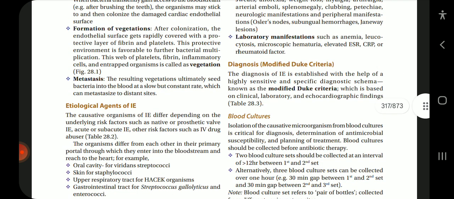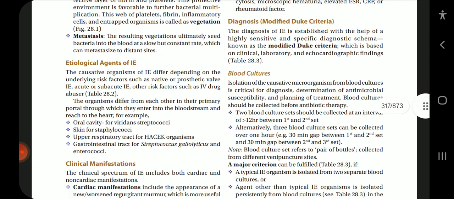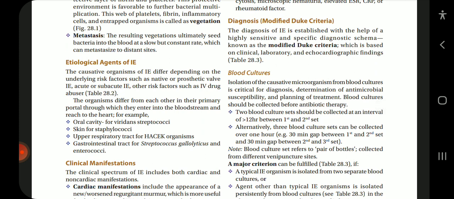Alright. Now coming to the etiological agents of infective endocarditis, the causative organisms differ depending on underlying risk factors such as native or prosthetic valve, acute or subacute infective endocarditis, and other risk factors such as IV drug abuse.